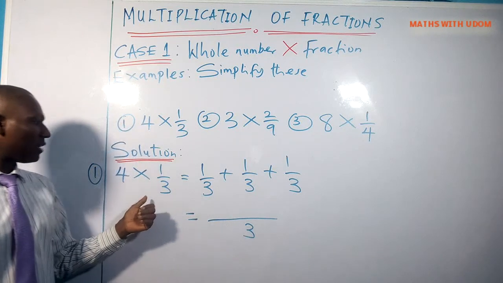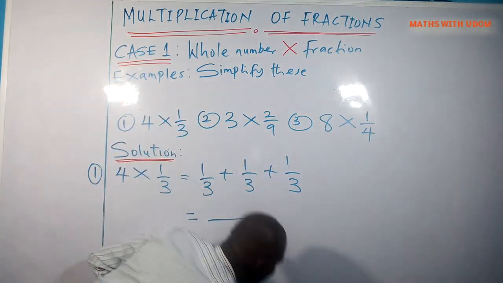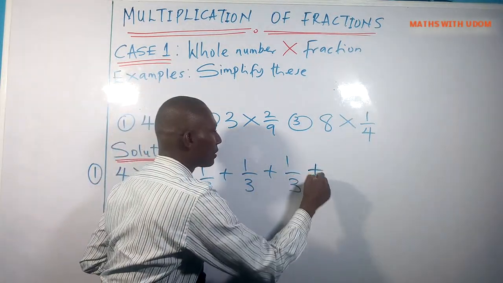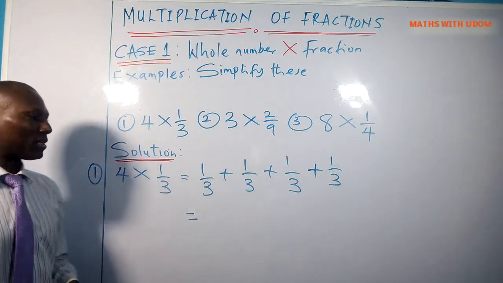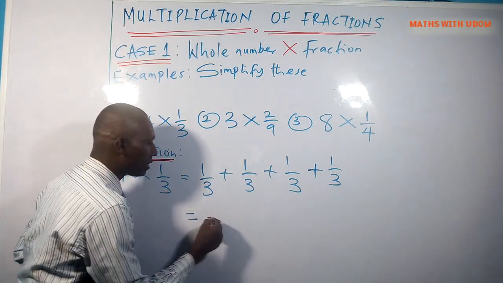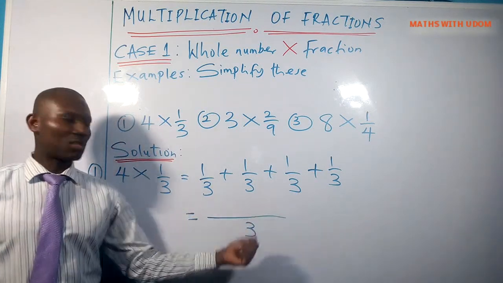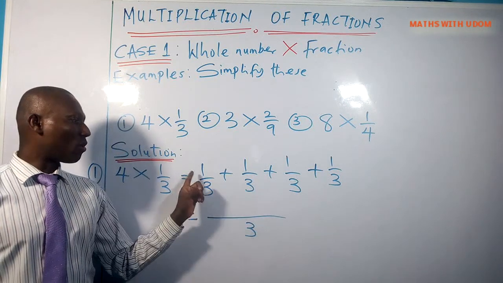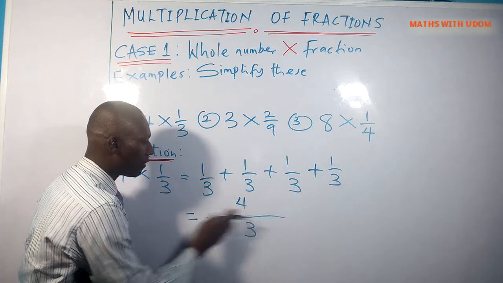What we have here is 1 over 3 in 4 places, not 3 places. So we add one more. So we have the denominator as 3, because they all have the same denominator. So pick 3 and then we add all the numerators. 1 plus 1 plus 1 plus 1 will give us 4 over 3.